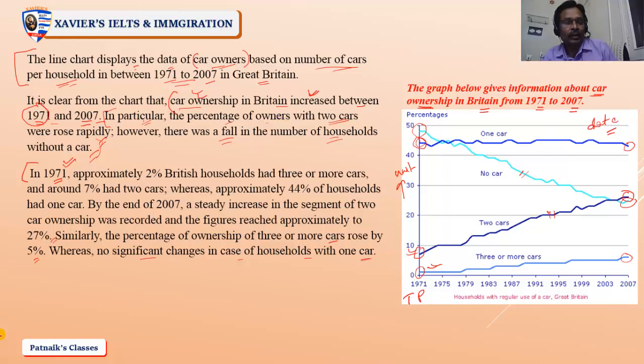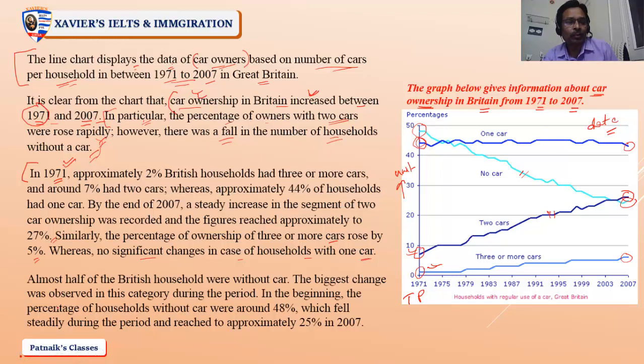Now we'll see paragraph 2. Almost half of the British households were without a car. See the second part. In the second sentence, you can see I have mentioned the fall in the number of households without a car. That means this second line I'm logically linking in my BP2, right? So my beginning line in the second paragraph is: almost half of the British households were without a car.